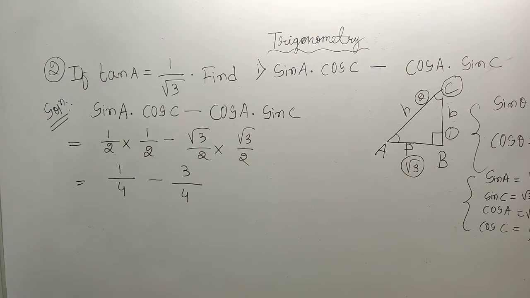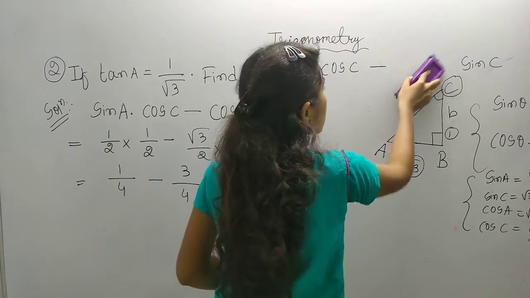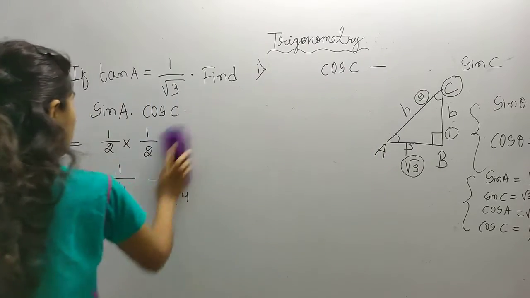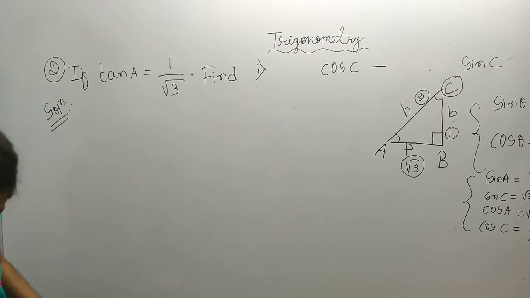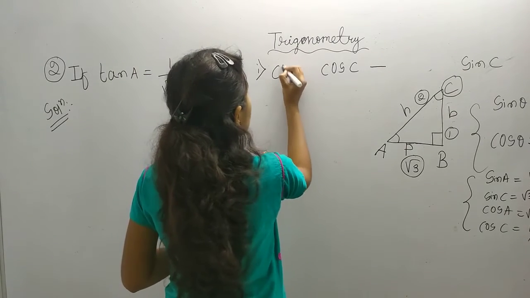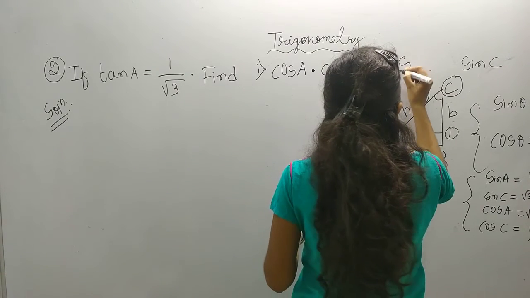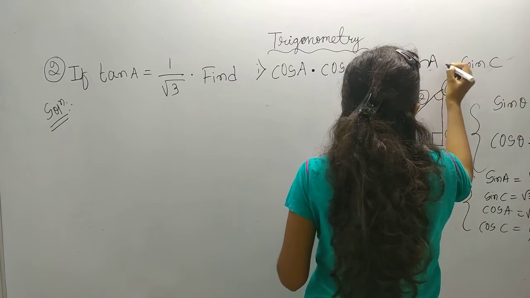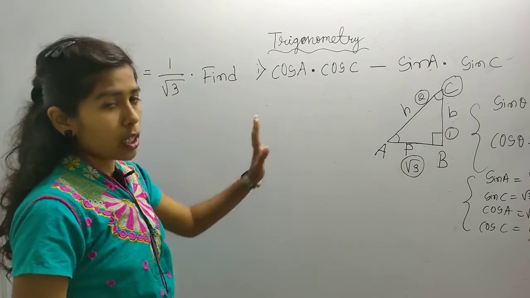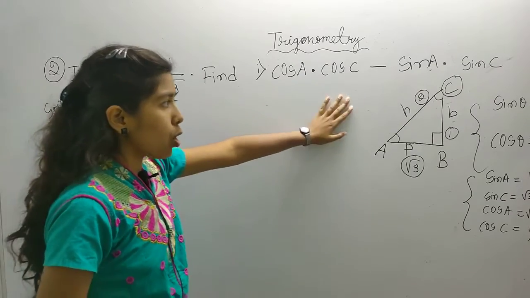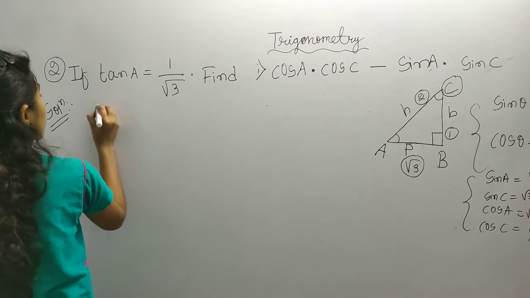Sorry, the question is not like this. The question is not sin A sin C. The question is cos A into cos C minus sin A into sin C. Here you see, the question has changed. It's not sin A cos C, it's cos A cos C minus sin A sin C. Okay, so let's find that.